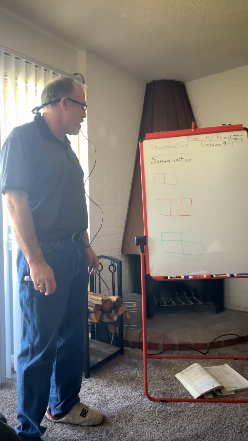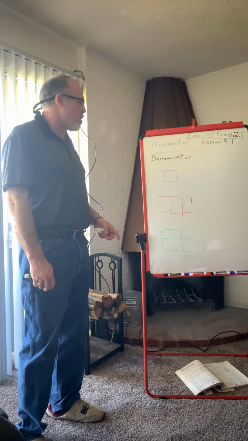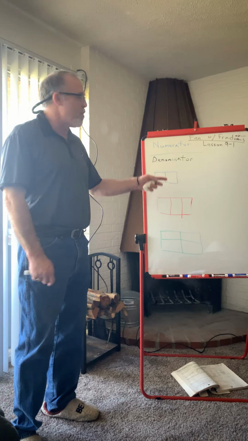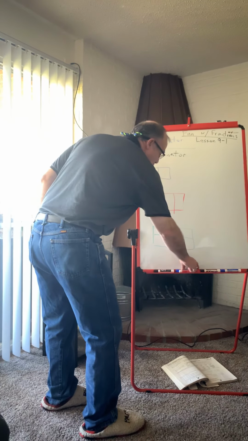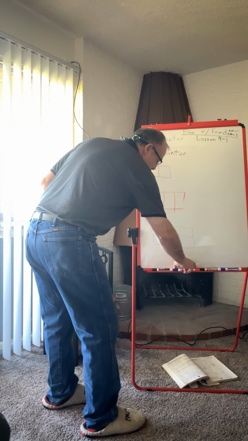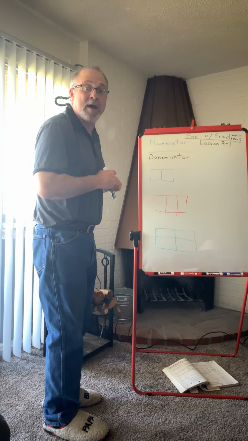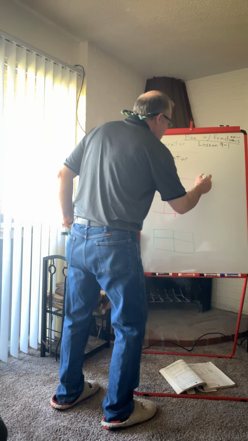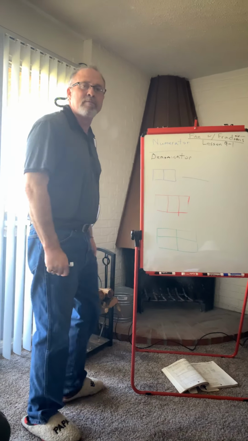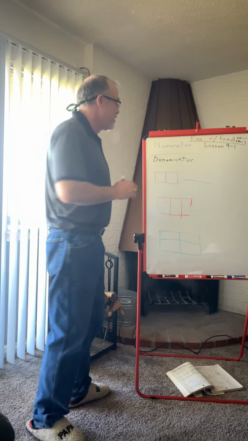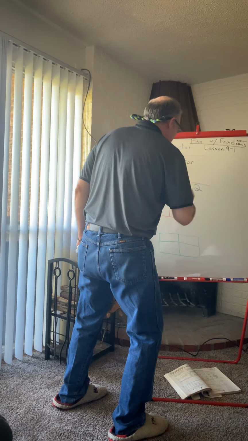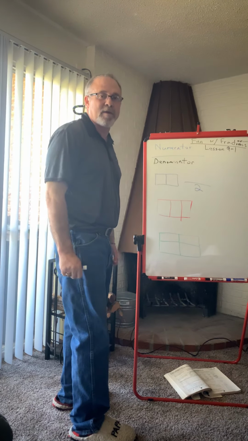The first one has two parts. The bottom of this fraction is the denominator, right, ladies and gentlemen? Denominator, bottom part. How many is in the denominator? Did I hear 2? Yes, 2. So we're going to put the number 2 right there because there are two parts.